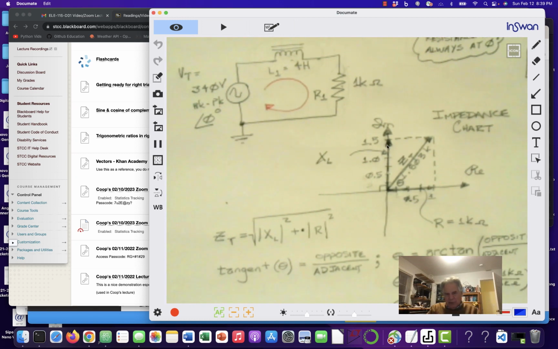Let's just say it's 1.5 k ohms vertical and 1 k ohms horizontal. And if I compute that, I'm gonna do the square root thing, and then I'm going to do 1.5 x squared plus 1 x squared.